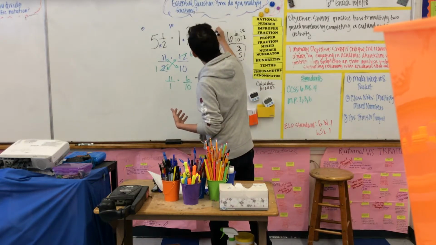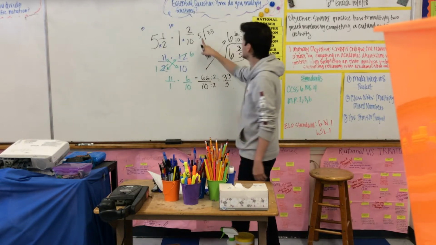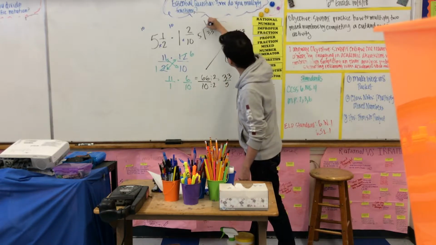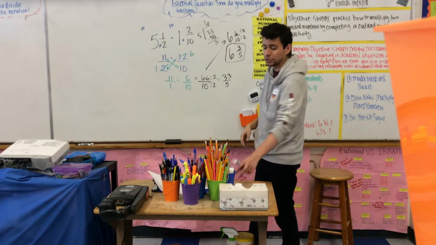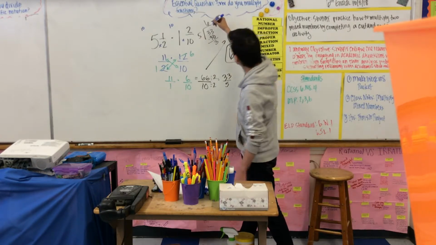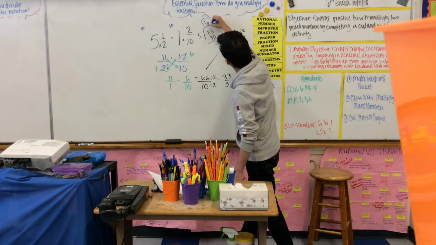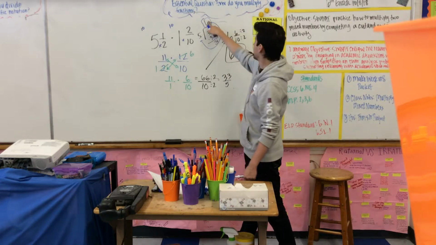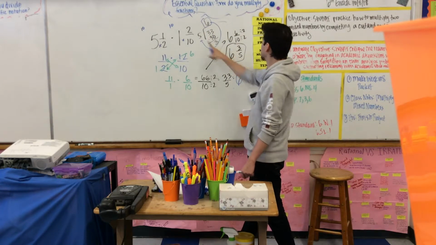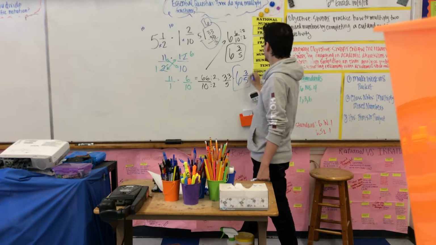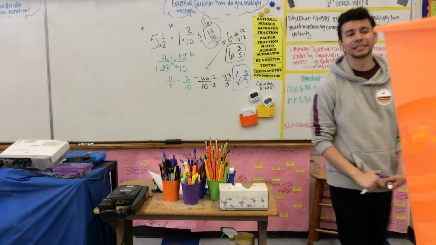What I'm doing mentally is long division. 5 goes into 33 6 times. This is what you learned in elementary school. This is your whole number, 6. That's your numerator, and that's your denominator.